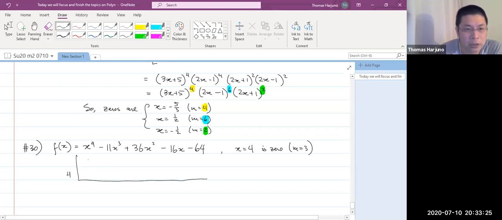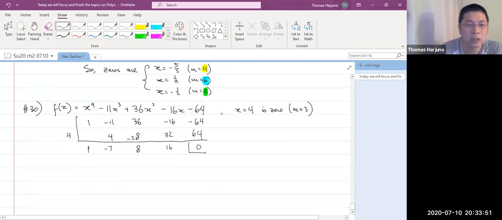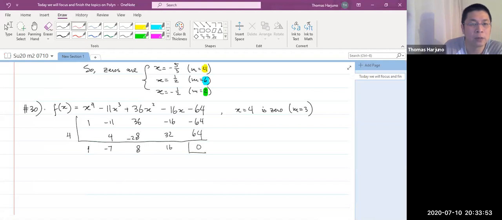Using synthetic division: 1, -11, 36, -16, -64. It's already in descending order and nothing jumps. So this is 1, 4, -7, -28, 8, 32, 16, 64, 0. Now notice that this becomes the degree of 3. Originally it was the degree of 4.